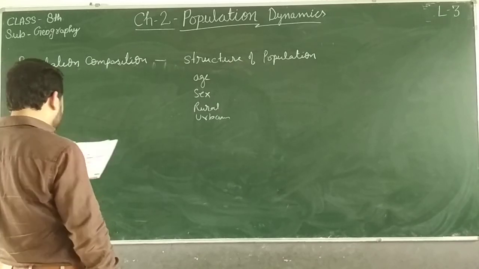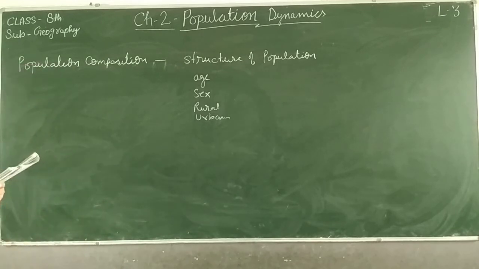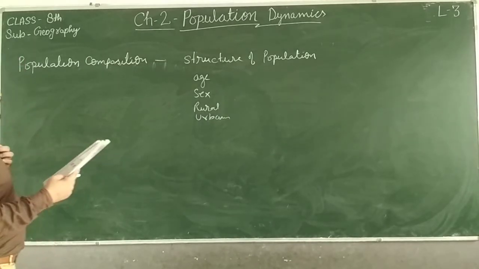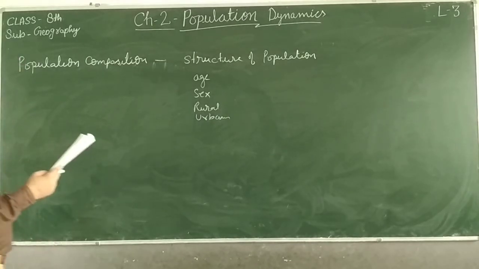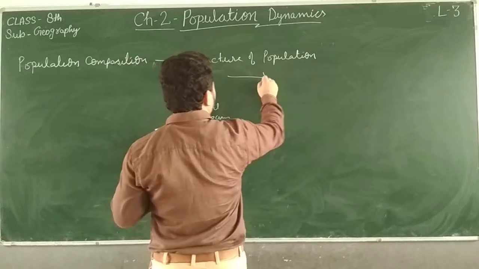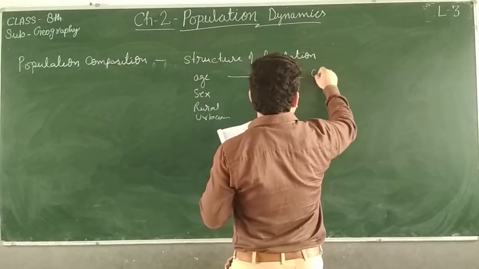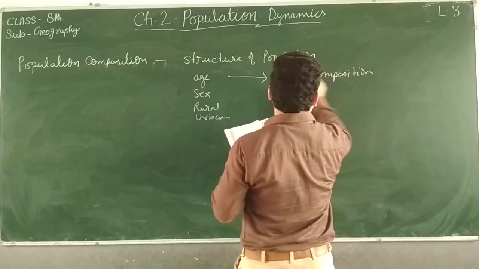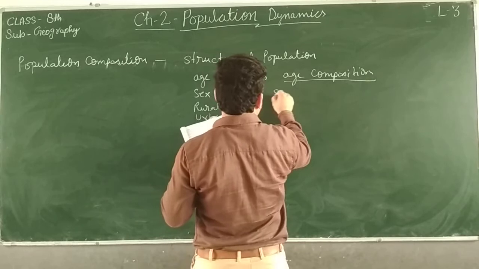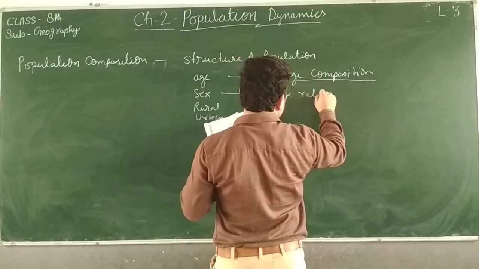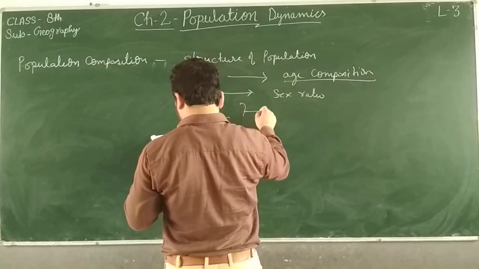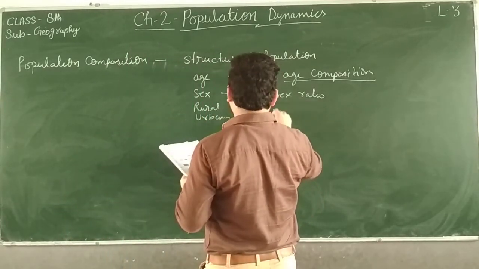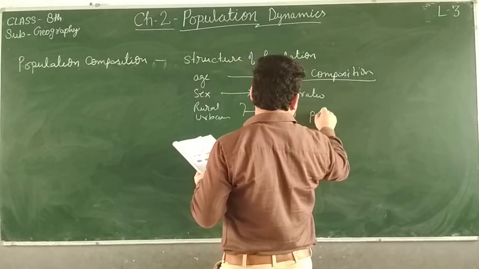The main components we look at are age composition, sex ratio, and rural and urban population. So under this population composition we will study first age composition, then sex ratio, and then the rural and urban population.